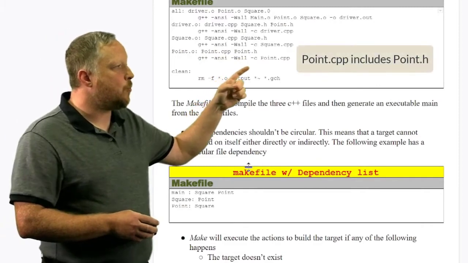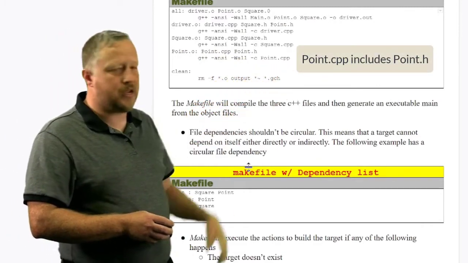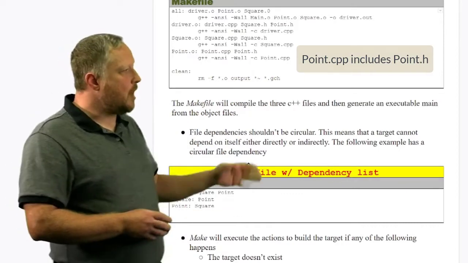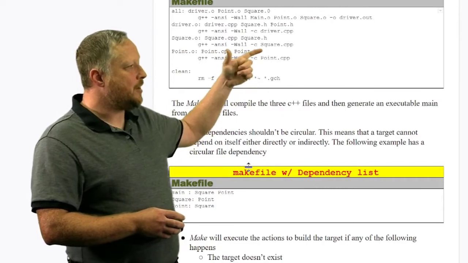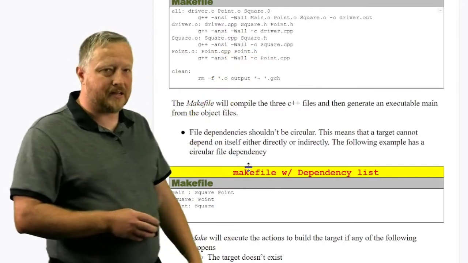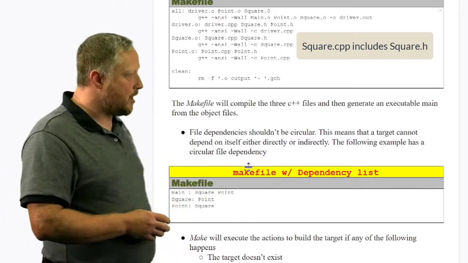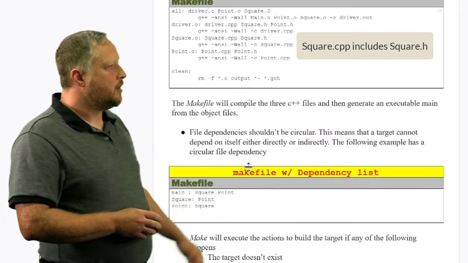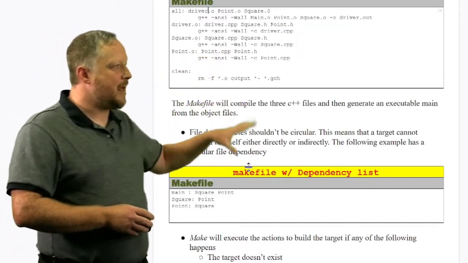And notice, though, when we compile this, we're only doing the point.cpp. Our other dependency is our square.cpp and the square.h. And again, notice that we're just compiling the .cpp of square because it's including the header of square.h. And then the driver is doing the exact same thing. So there's really nothing spectacular about having this.